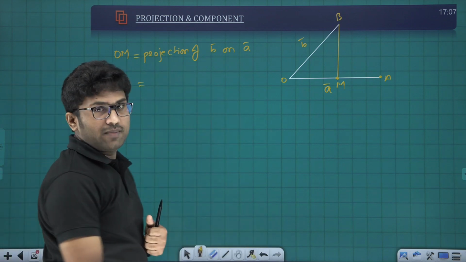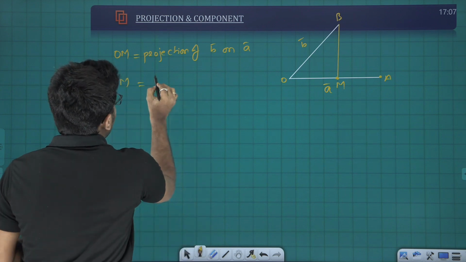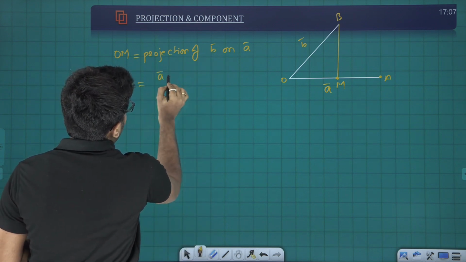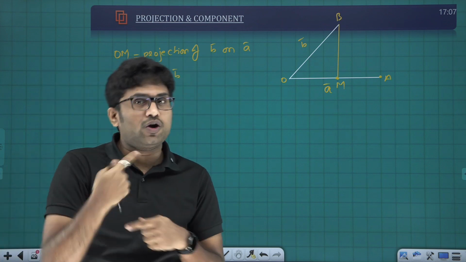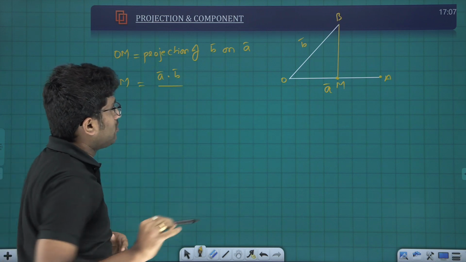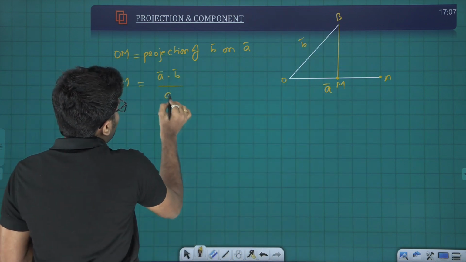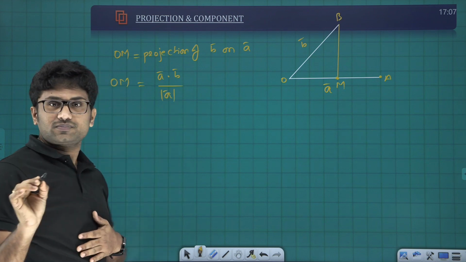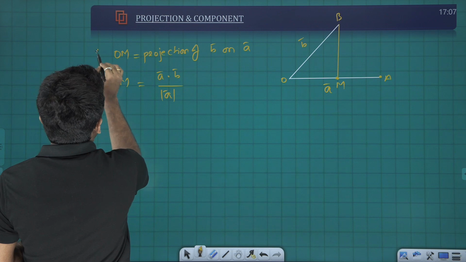Whether it is projection of B bar on A bar or A bar on B bar, the numerator will always be A bar dot B bar. Only the denominator will differ. For projection of B bar on A bar, you divide by mod of A bar, friends. That's it. Understood?